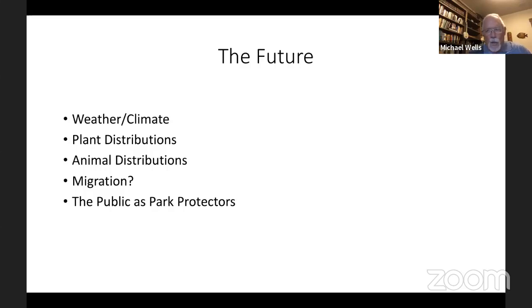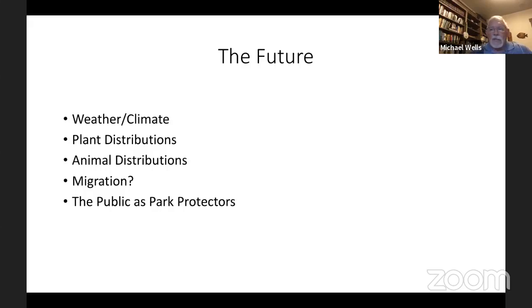Now, the question that comes up is, of course, that we've seen evidence of this before. That during the Pleistocene, some extreme climate change took place, and we know that plants and animals migrated north and south as the climate changed, and they also migrated up and down elevation-wise.